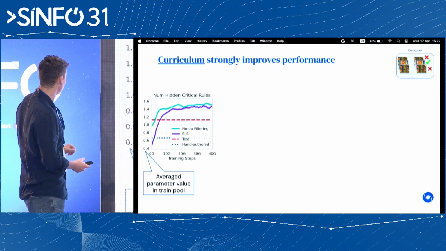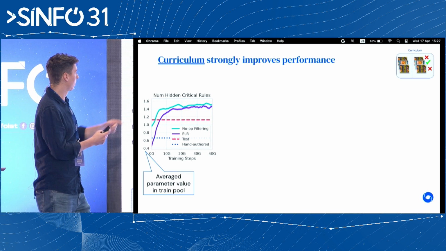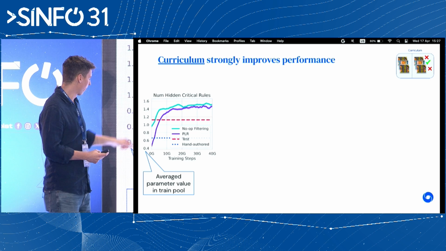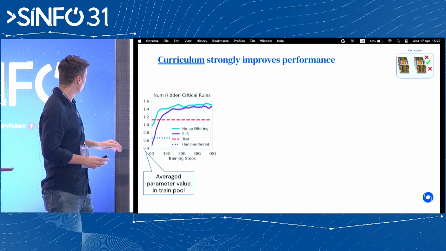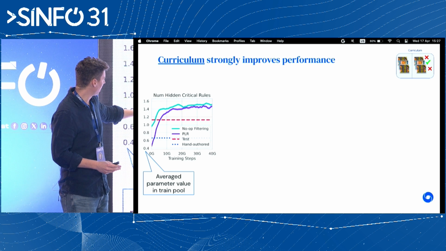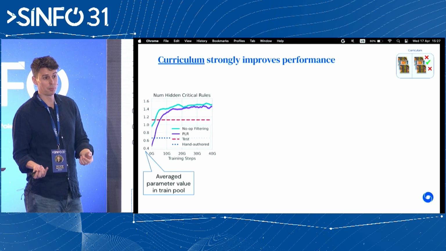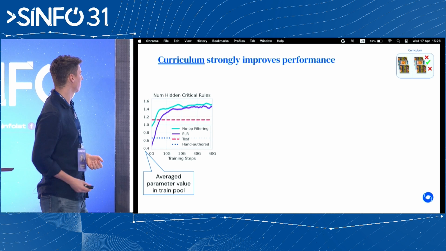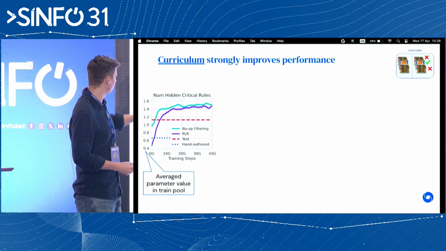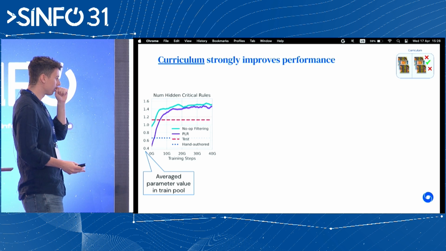So what I'm showing here is when we take all the tasks in the environment, check this feature, number of rules, and average it. The dotted line is another test set we have, the one we created by hand, inspired by real interpretable games. And the red dashed line is our test set, which is a held out set.